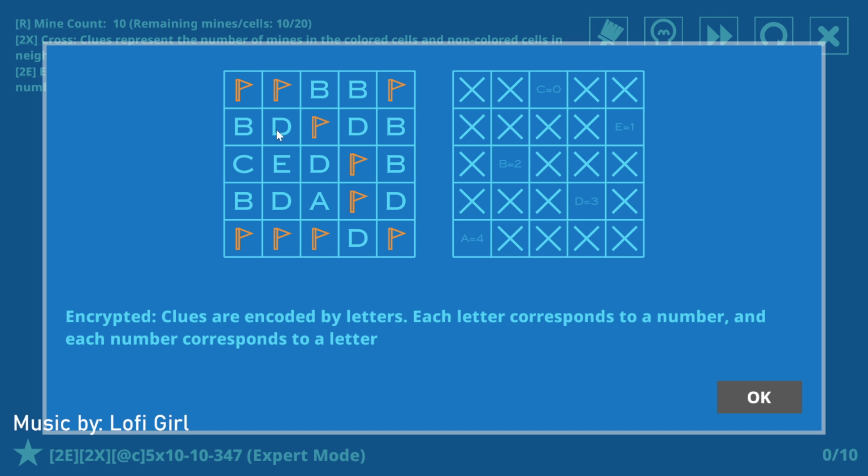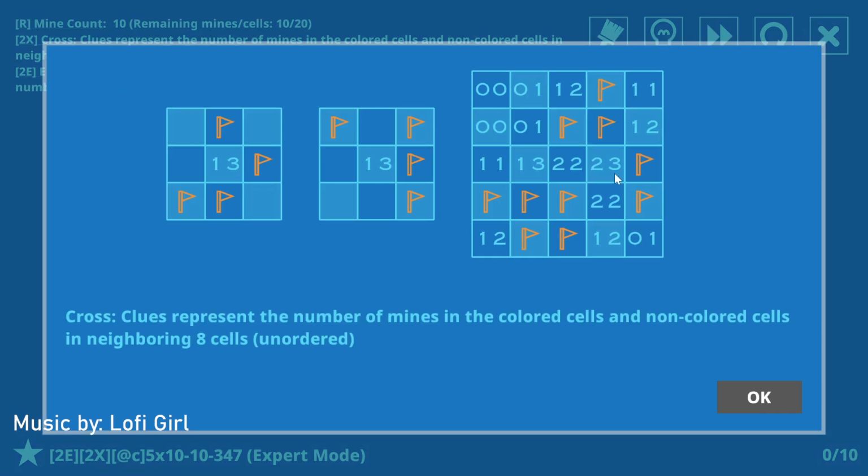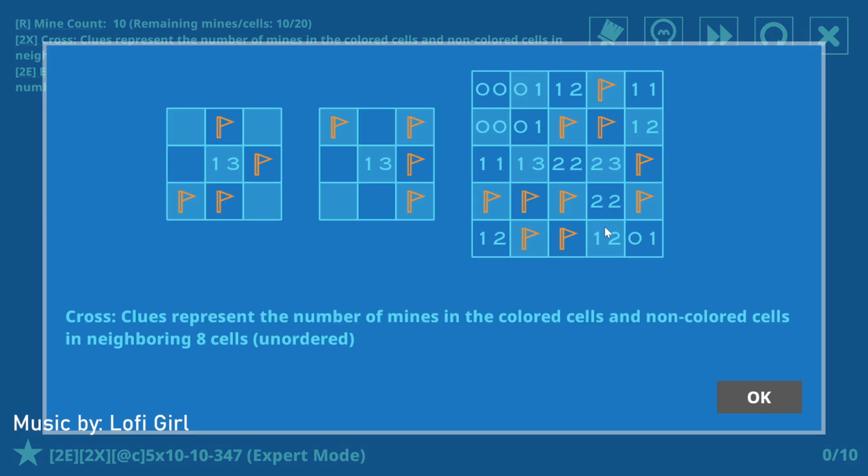Encrypted means that numbers are hidden behind letters or variables, and each letter refers to a single number. Each number is covered by a single letter, and there is a one-to-one pairing, so no repeats, every number is used, every letter is used. Alright, so cross. I should probably explain all of these as I go along. I think we're early enough in the series where I still get to explain all the rules.